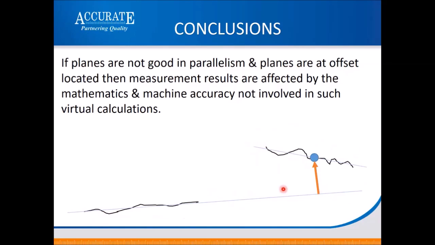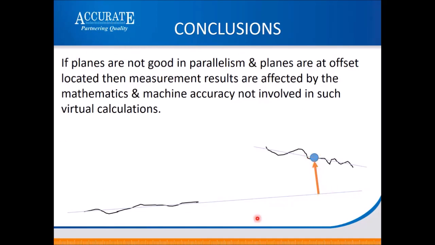At that time, what happens now? The distance becomes like this. When this is offset, the plane you measured as the bottom would be of infinite length, and at that point a perpendicular distance is formed.